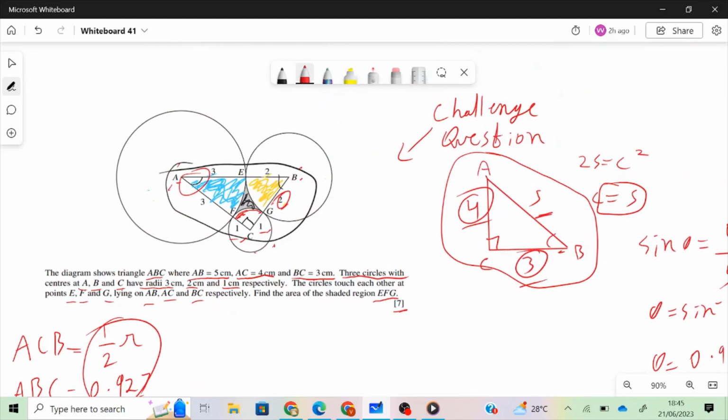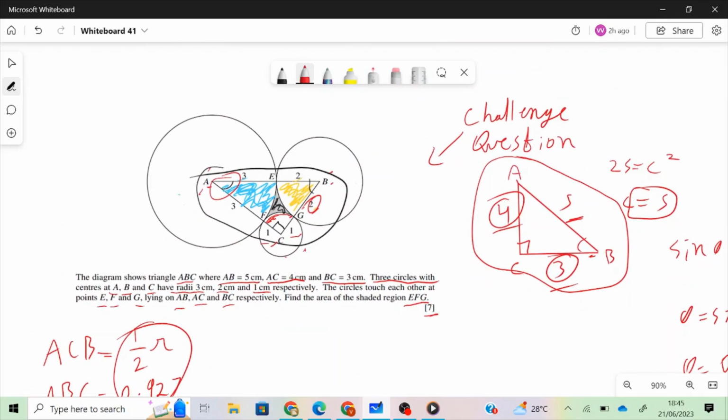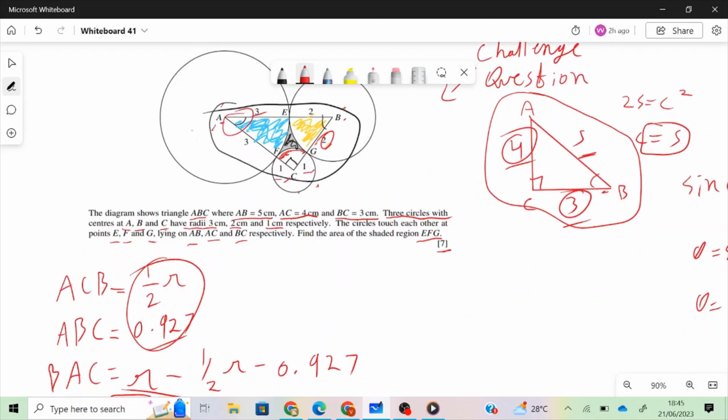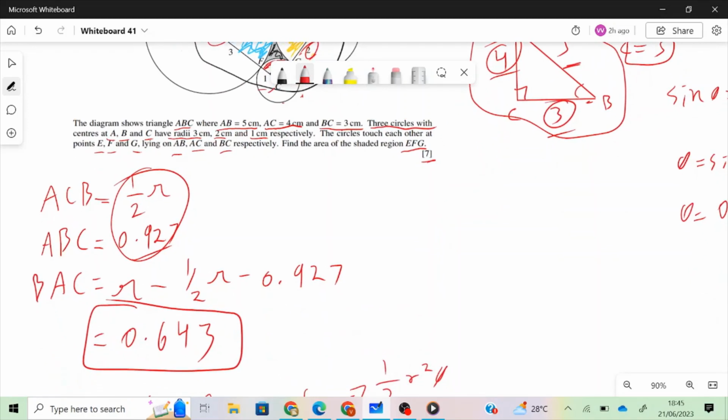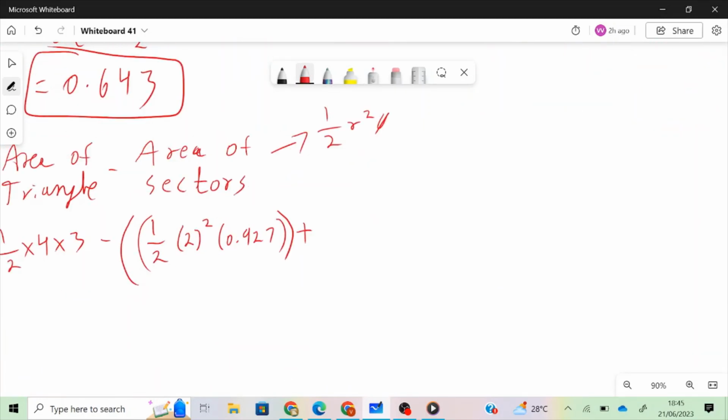Let's look at the blue one. The radius is 3 and the angle, that's angle BAC, that's 0.643. So plus half into 3 squared into 0.643.